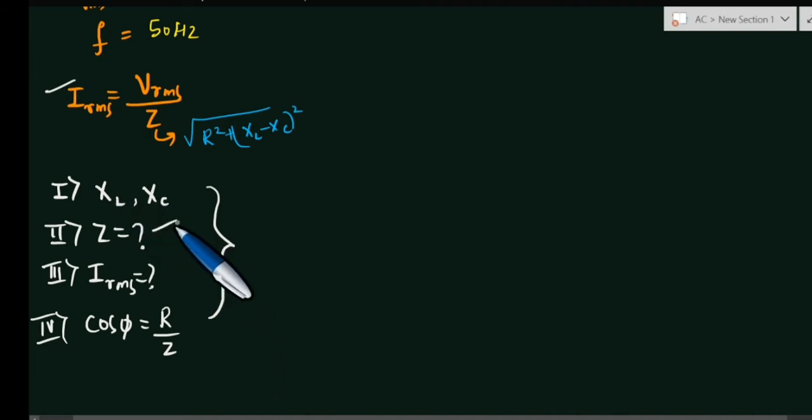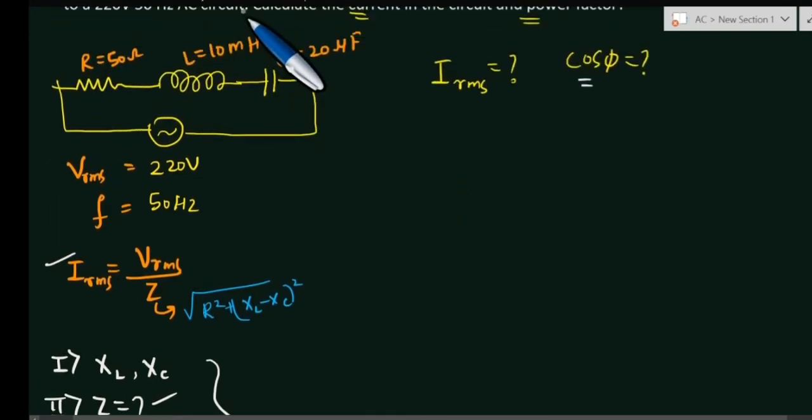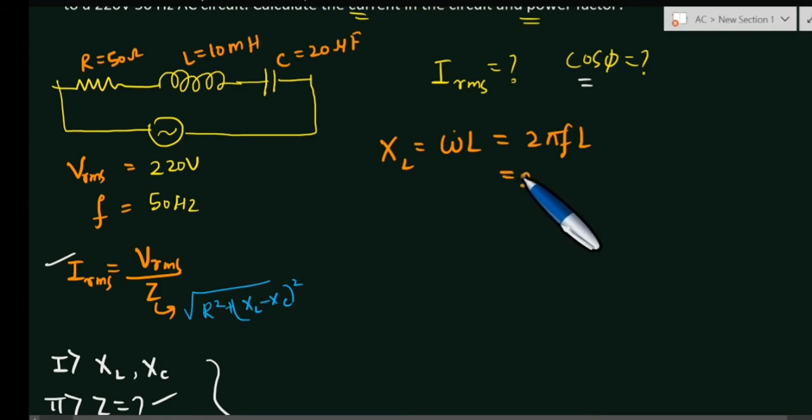So the first step, XL and XC we can calculate. XL is equal to omega L. Omega we don't know, so omega is 2 pi F. So 2 into 3.142 into F, which is 50 hertz, into L, which is 10 millihenry.